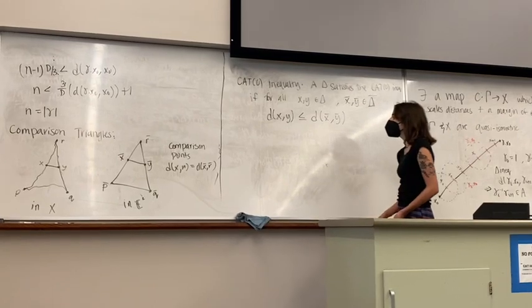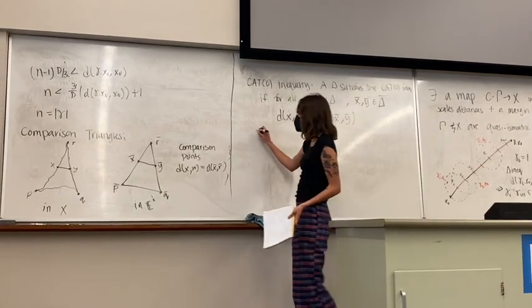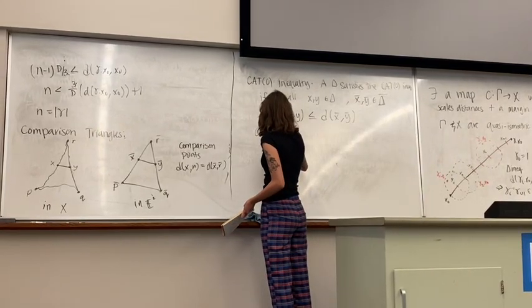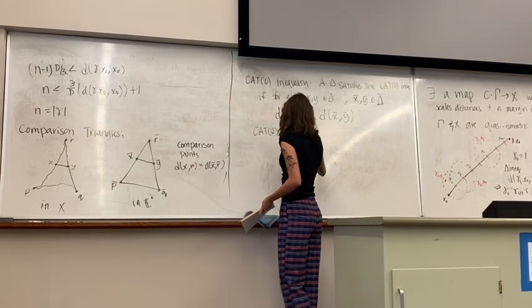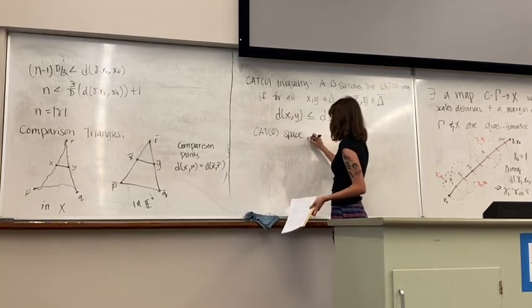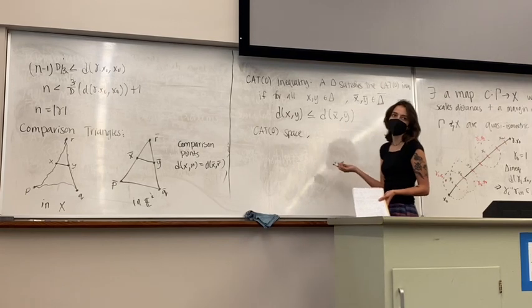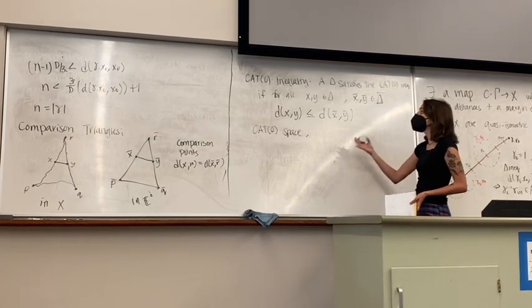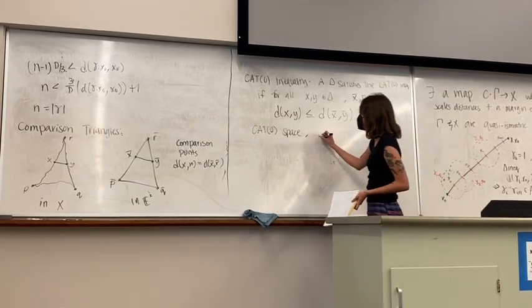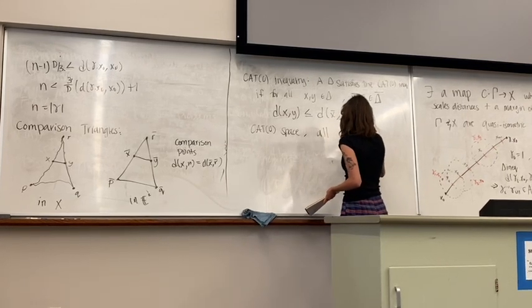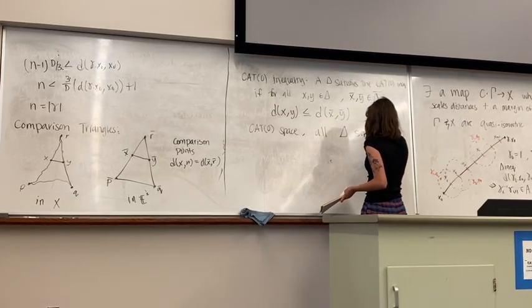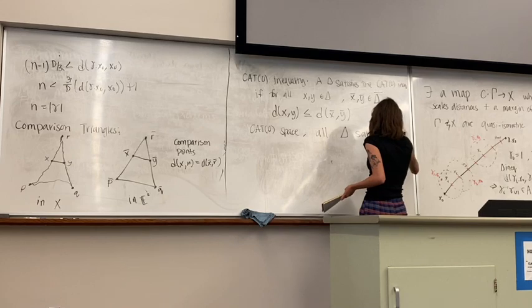And so a CAT(0) space is a space in which all geodesic triangles satisfy this CAT(0) inequality.